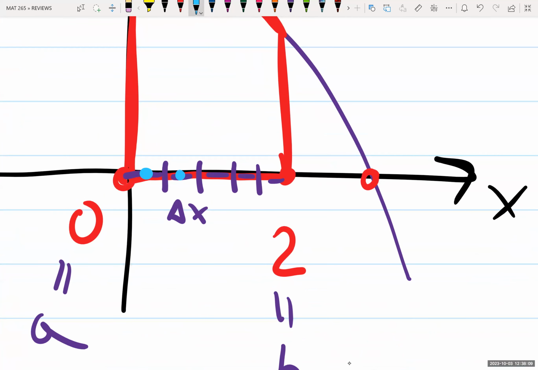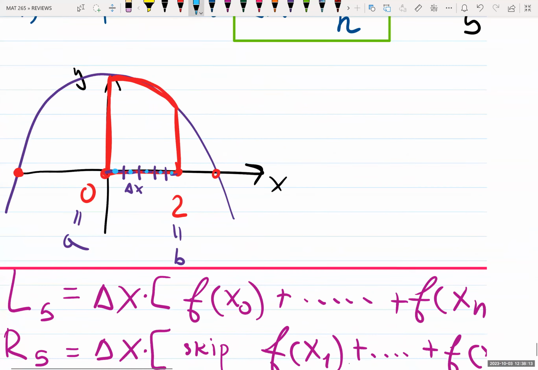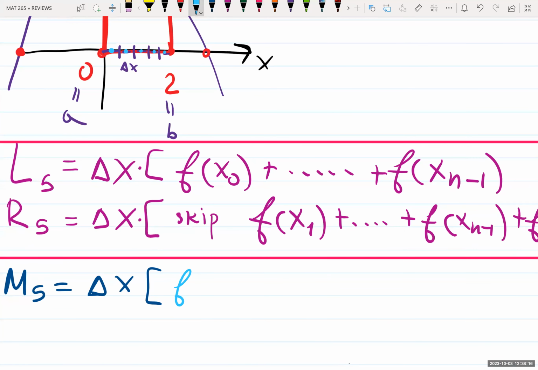You find these middles for the midpoint. There'll be 1, 2, 3, 4, 5 midpoints. And then you will have f at x0 dash, plus f of x1 dash, and so on.